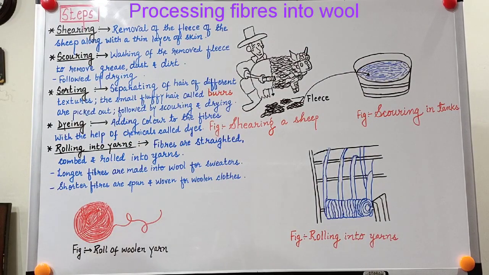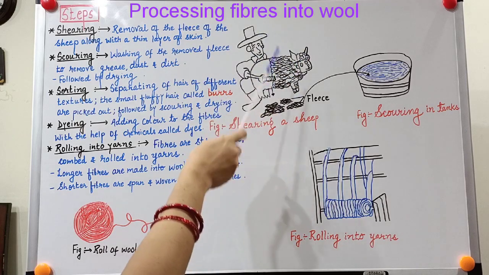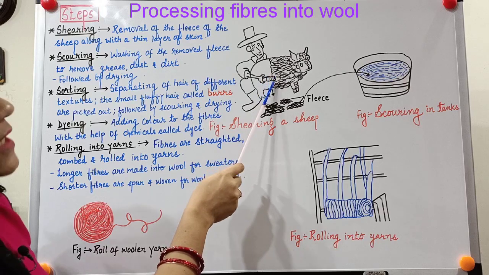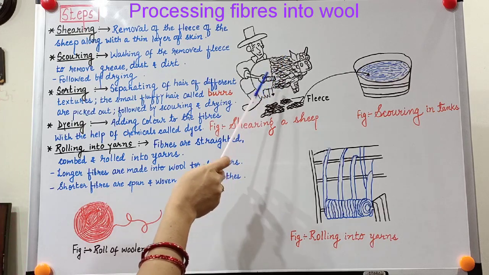Now you must have got some idea how the shearing is done for the sheep. It is done with the help of certain shearing machines.